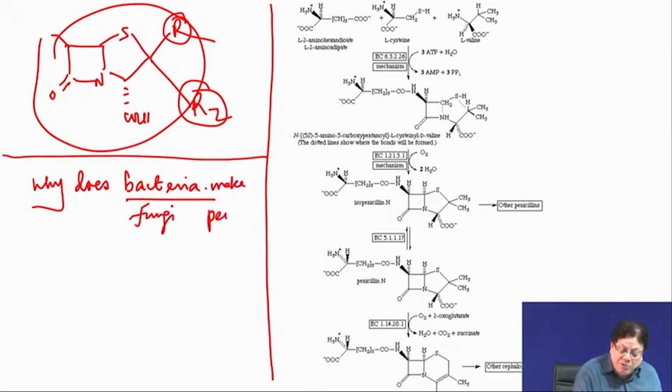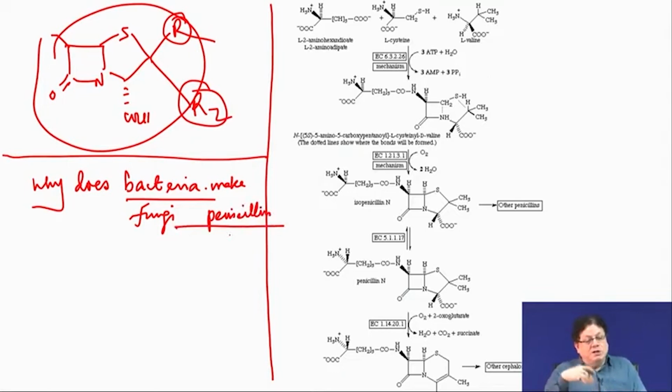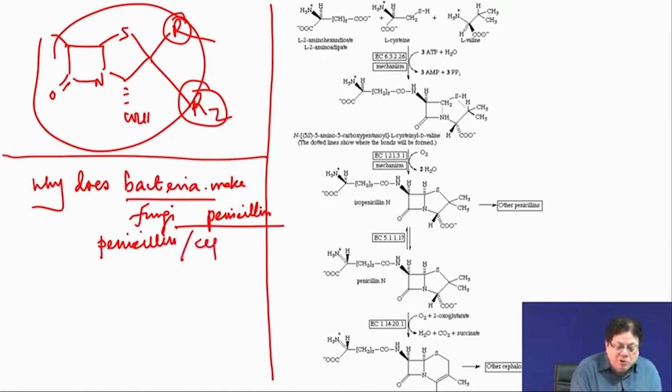I think I gave you the answer here, because like us, the bacteria are also constantly bombarded, or constantly attacked, by other bacteria. So, they have to make some molecules to kill the surrounding bacteria. So, these are defense molecules, these are their weapons basically, penicillin, cephalosporin. Okay.